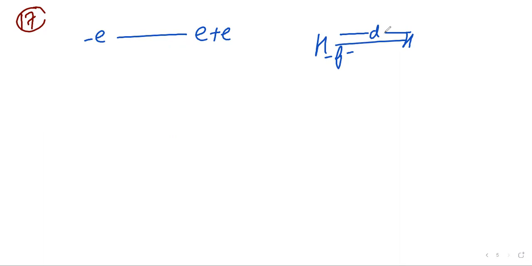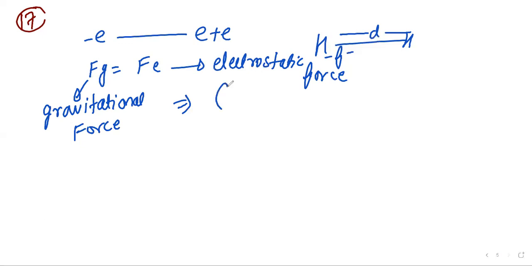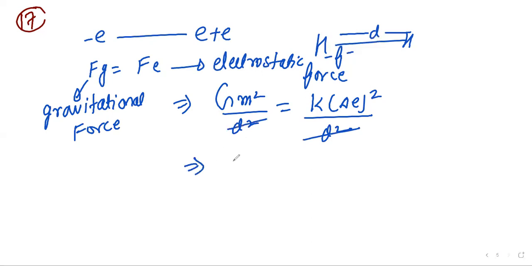So see the explanation. Fg is equal to Fe. Fe is the electrostatic force, and this is your gravitational force. Gravitational force is given by G m square upon d square, and it is equal to K delta e square upon d square. Distance will be cancelled, so delta e square will become G m square upon K. Now put the values.